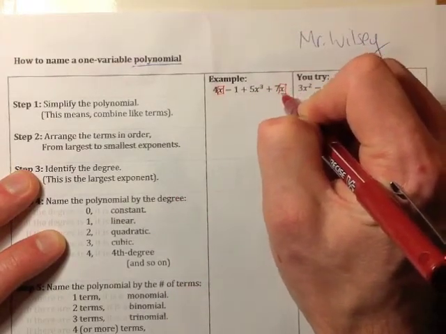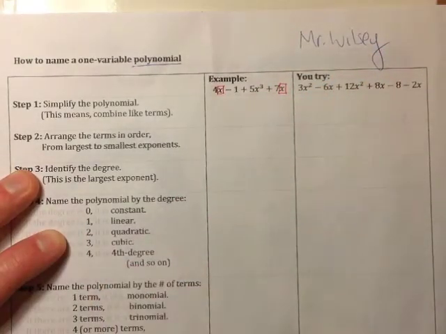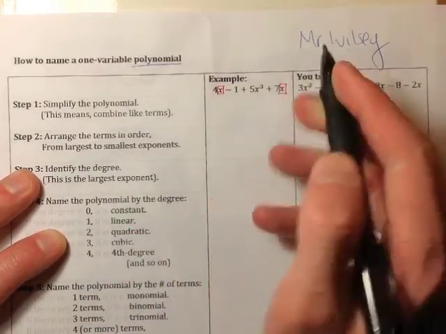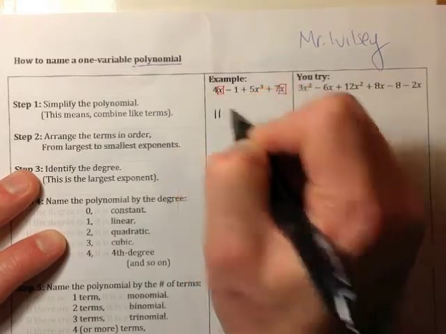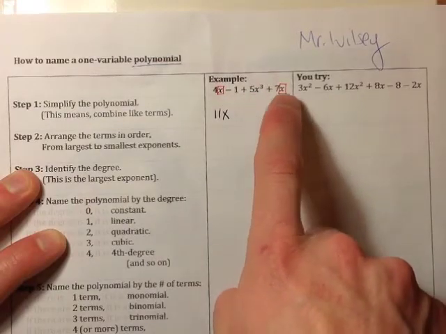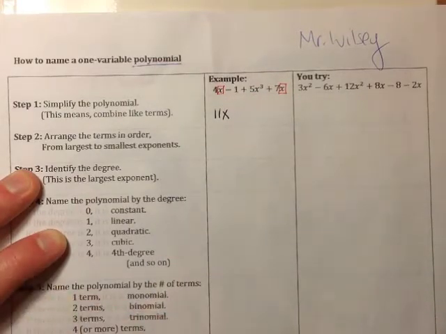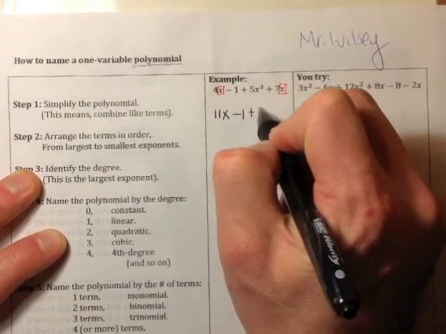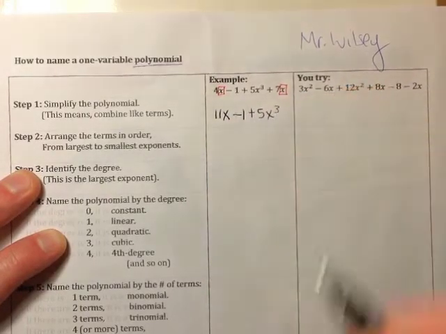I'm going to put a box around that guy. Okay? So we have 4 plus 7 is 11 times the x, 11x. Now, are there any other similar pieces? Nope, there's not. So I'm just going to have -1 and plus 5x cubed kind of hanging out.